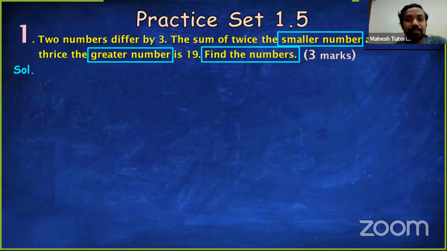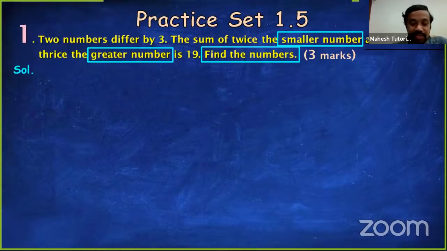लेकिन वो smaller number कौन है और वो greater number कौन है? For the time being, we are not aware of it. तो students, in the word problems, जो चीज को हमें ढूंढना है ना, we will assume it with the help of an alphabet or a variable. Now here the question is asking us to find those two numbers, the smaller number and the greater number.